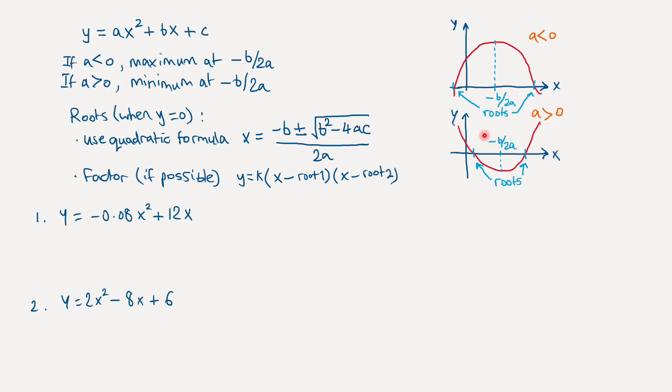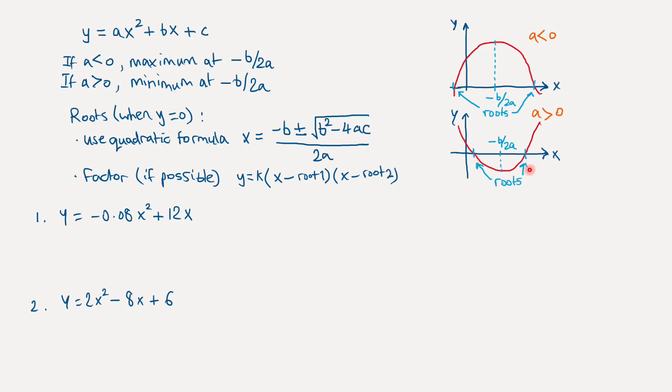The graph below is for a greater than 0, and so here we've got a minimum also at the value of x minus b over 2a, and then the roots here are where the function crosses the x-axis.